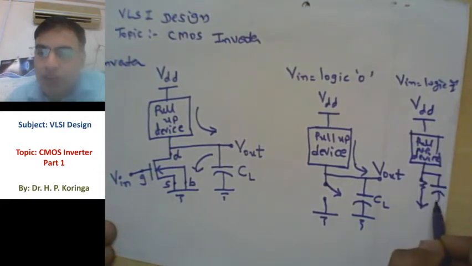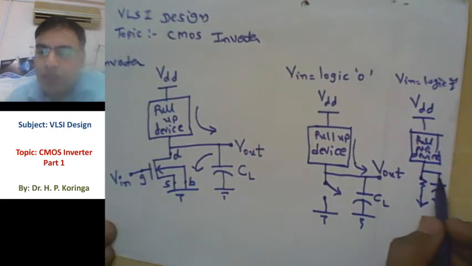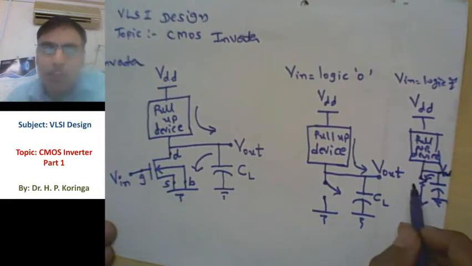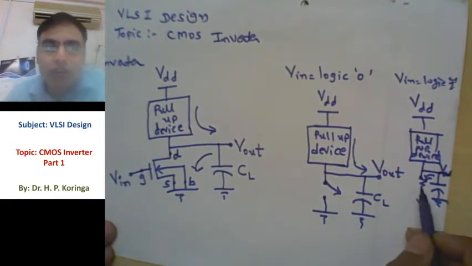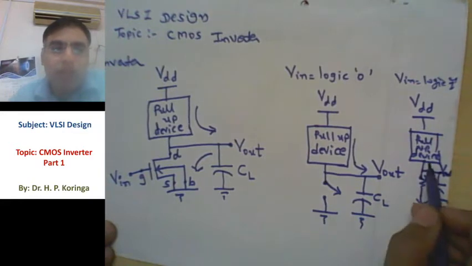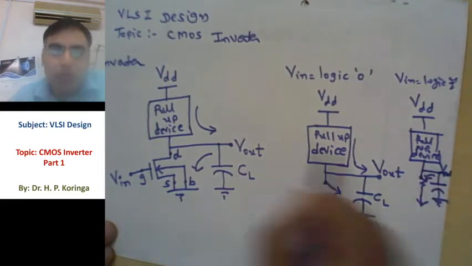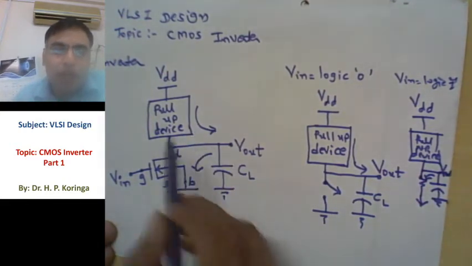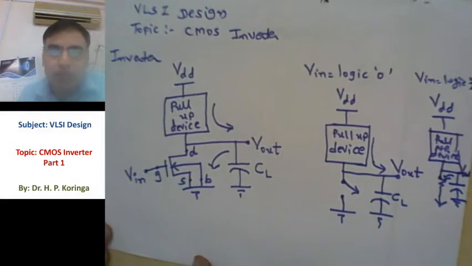So whatever the voltage across the capacitor, it discharges through the driver MOSFET, right? So the driver MOSFET pulls down the output, and the pull-up device between VDD and output pulls up the output.